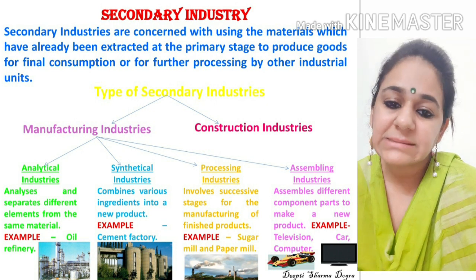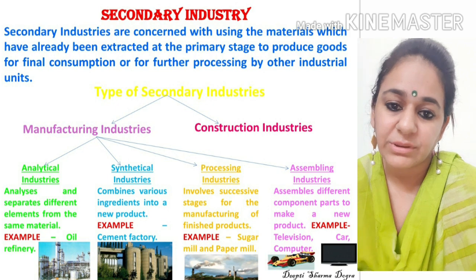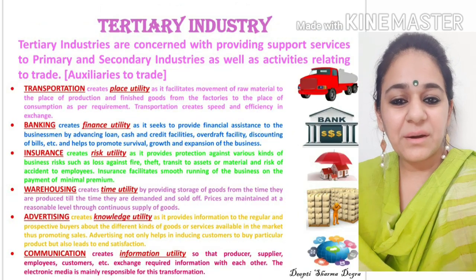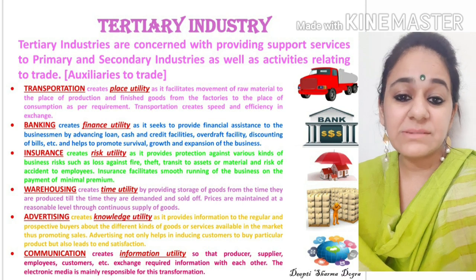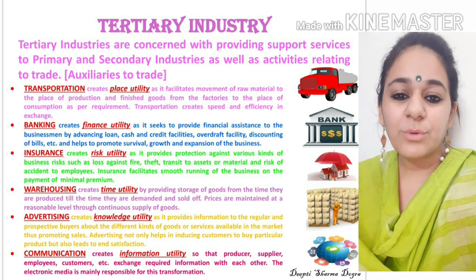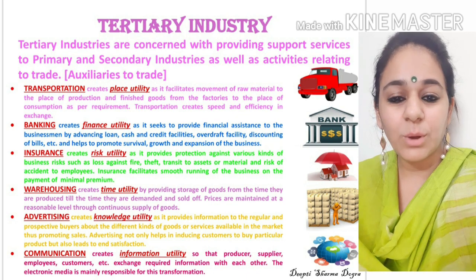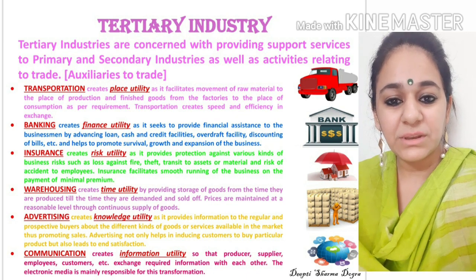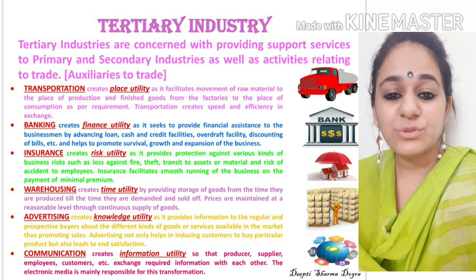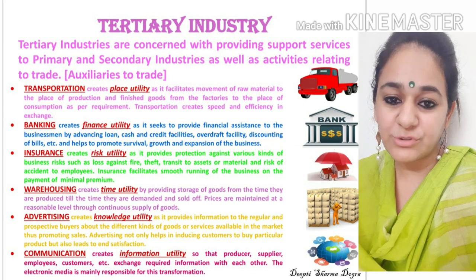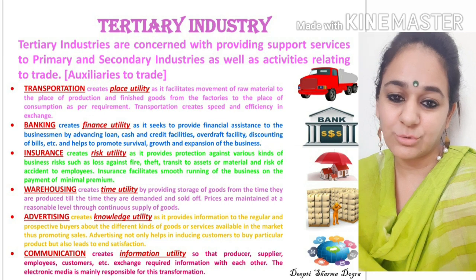Fine. Next is tertiary industries. Tertiary industries are concerned with providing support services to primary and secondary industries. These are also called auxiliaries to trade, and this we have already discussed in my previous video while discussing the classification of commerce into trade and auxiliaries to trade.